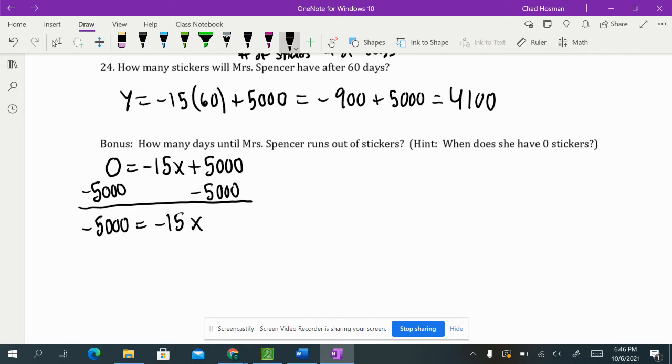All right, then I see this negative 15 times x. I got to think, okay, how can I get rid of a times negative 15? Well, I can get rid of it by dividing by negative 15. And I can do that on both sides. And what I end up with is that x is equal to negative 5,000 divided by negative 15, which ends up being 333.3 repeating.